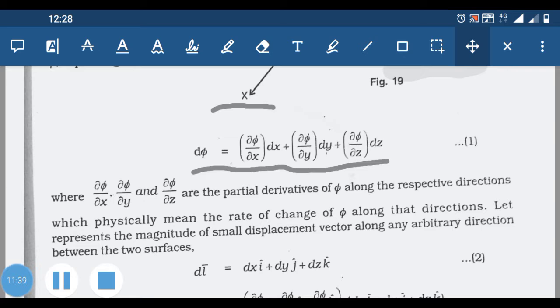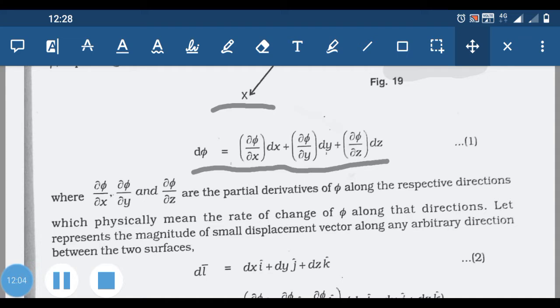The partial derivative, dou phi by dou x, is read as dou phi by dou x or di phi by di x. Then y is kept as a constant, 3 is also a constant, so 3y is kept constant, then dou by dou x of x is 1, so the result will be 3y only.